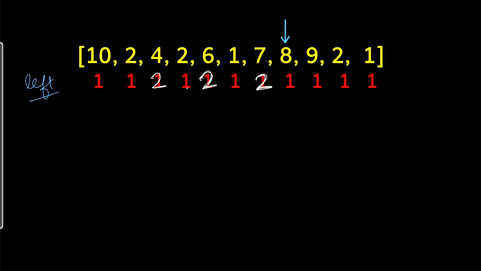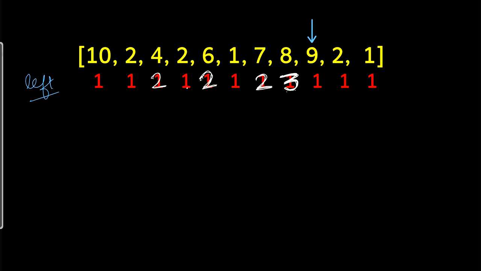Then for the next child, its rating 8. If I compare 8 with its left neighbor, 8 is greater than 7. So this child is supposed to get more candies as compared to its left child. Here it is 2, so he should get 3 candies because he got more ratings.